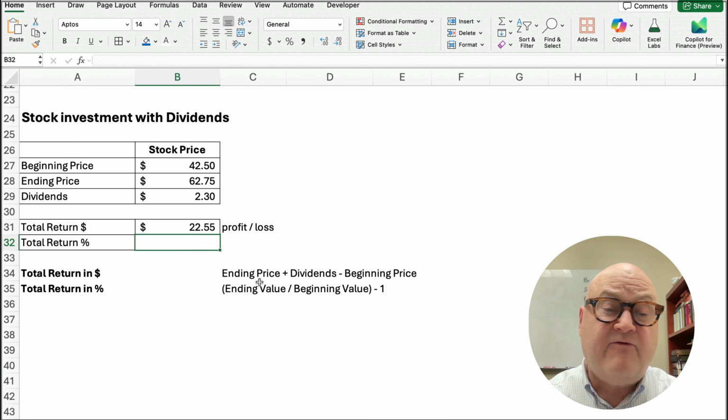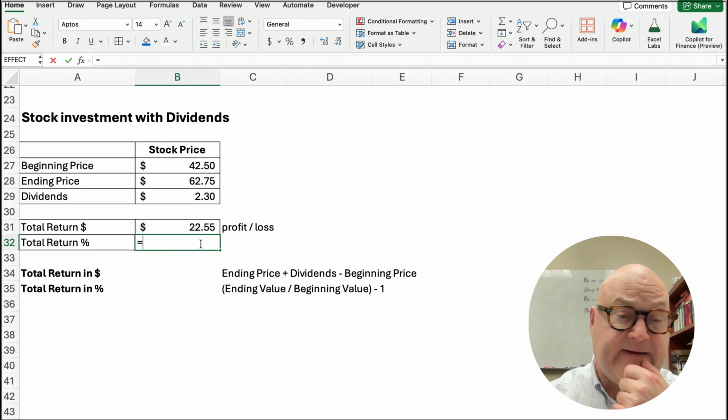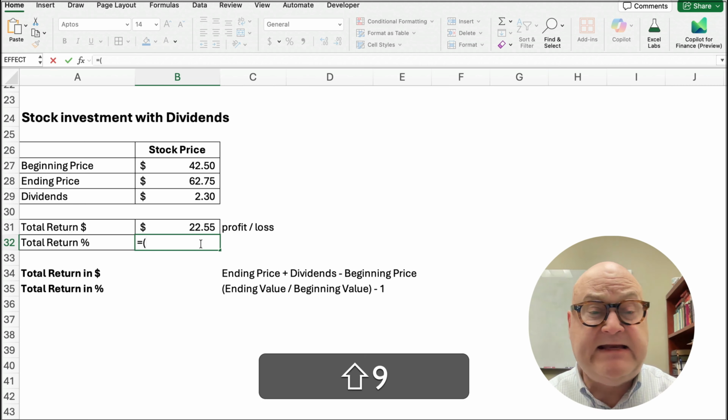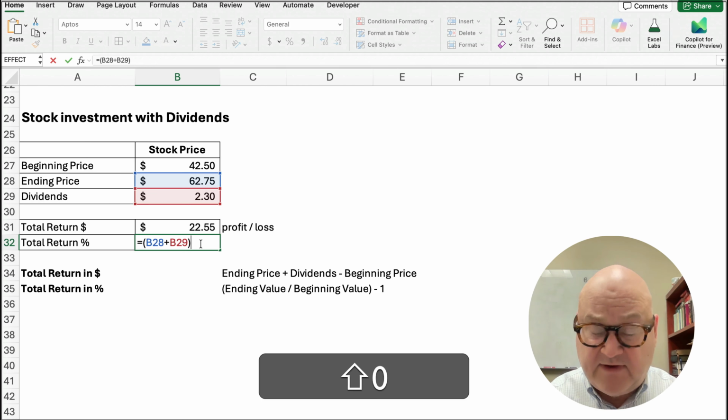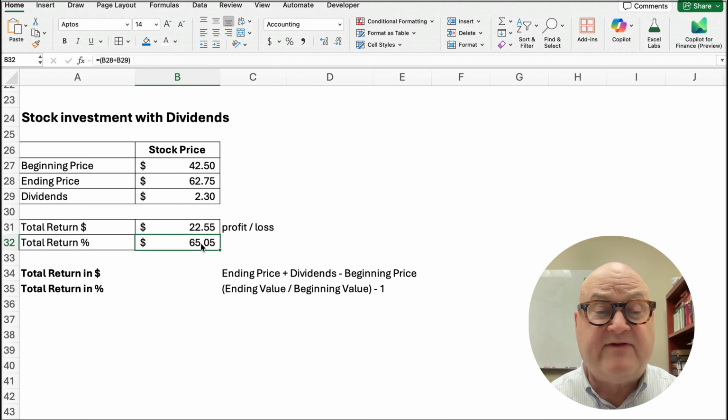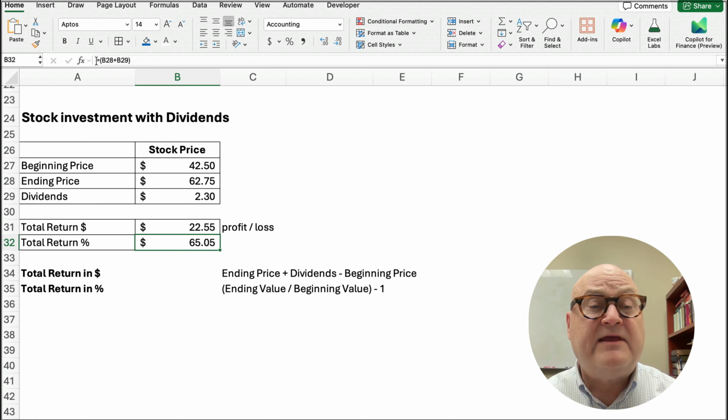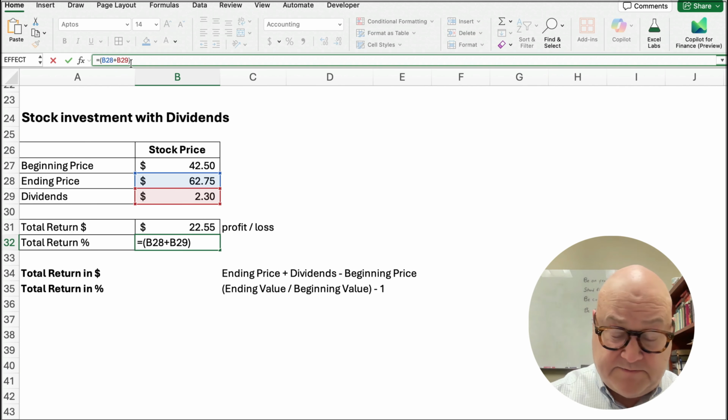It's going to be the same formula as before. Now, we're going to take the ending value, which is going to be 62.75 plus 2.30. And I'm going to close parentheses because we want to know that number, the 65.05. And then we're going to divide that by the beginning amount.